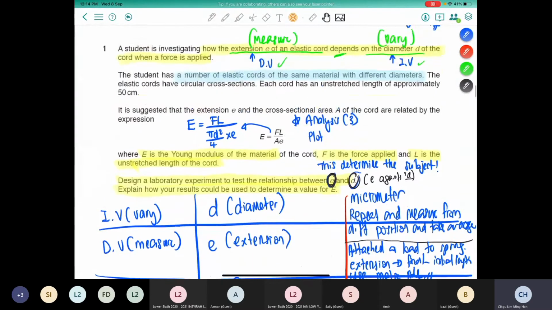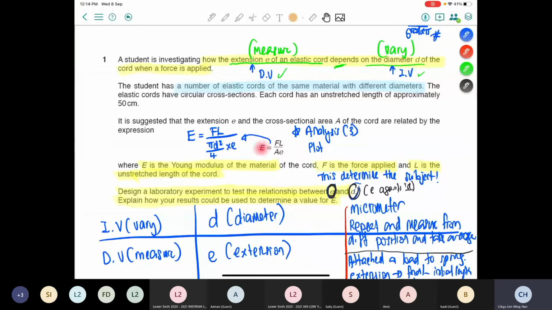If it is about an elastic cord, there is a chance it will snap. If it snaps, the weight will fall down and might hurt your leg. So you can put a sand tray or whatever below it.